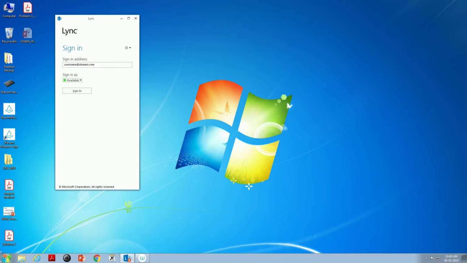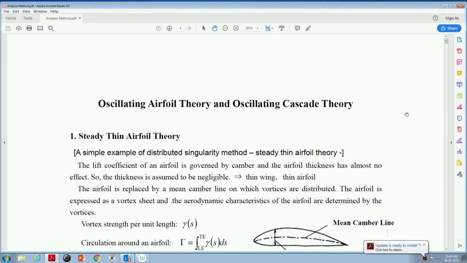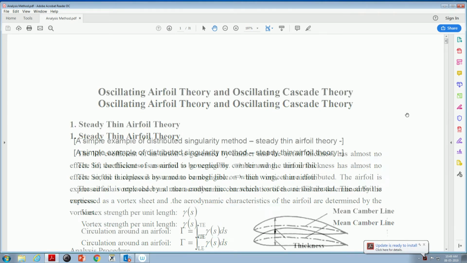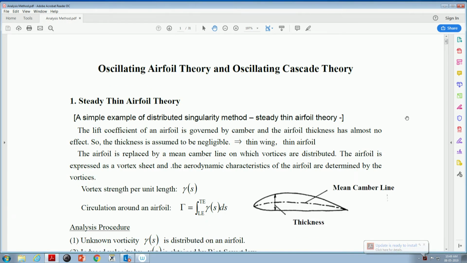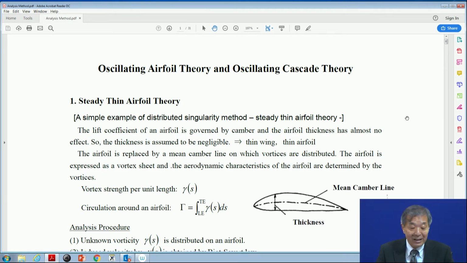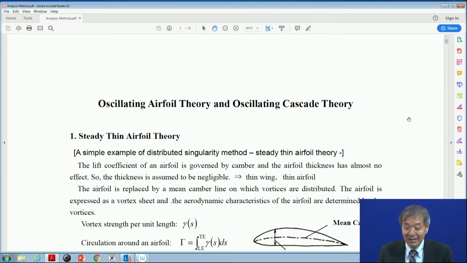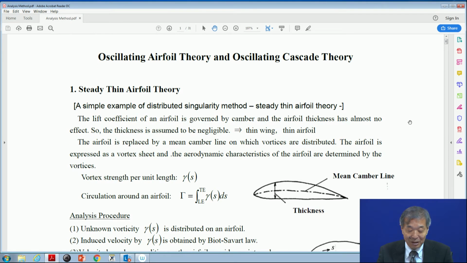And I have another material, it's a PDF. So I'd like to show the details of the oscillating airfoil theory and the oscillating cascade theory. It's the singularity method. It's a little bit troublesome.